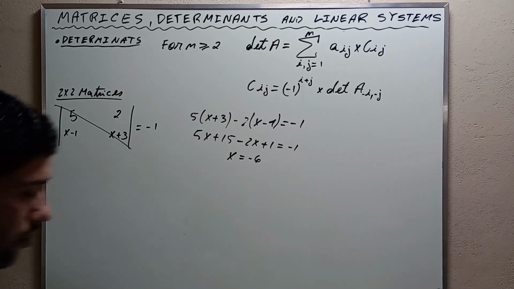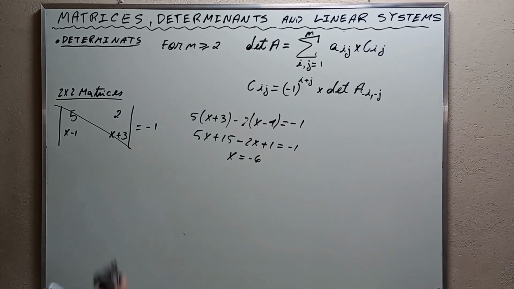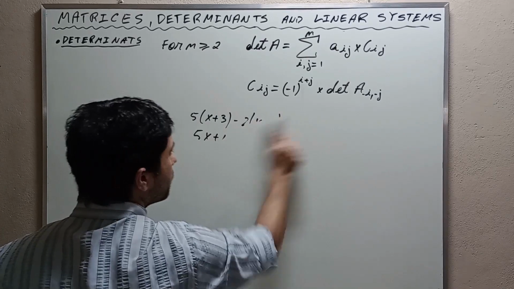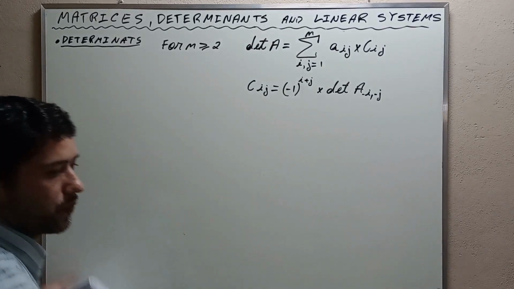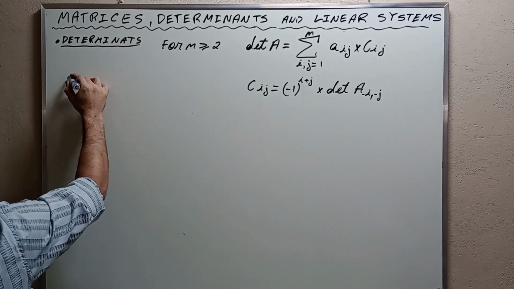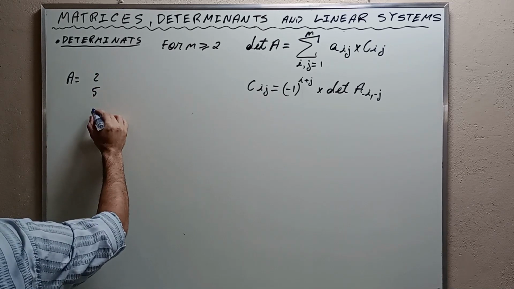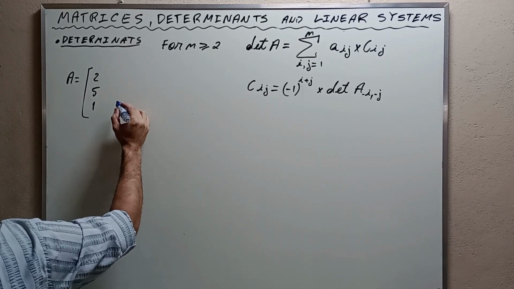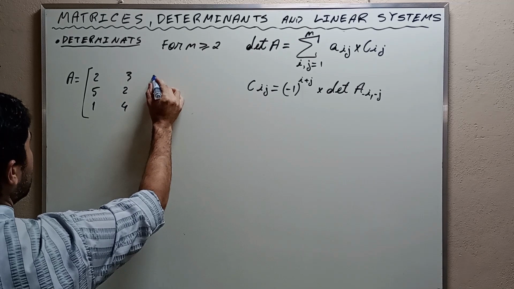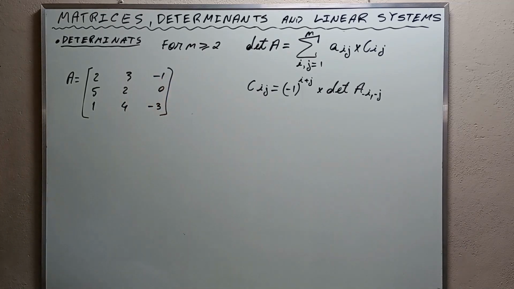Now let's use the rule of Sarrus to calculate the determinant of a 3 by 3 matrix. The rule of Sarrus: find the determinant of this matrix here, A equal to 2, 5, 1, 3, 2, 4, negative 1, 0, negative 3. Okay?